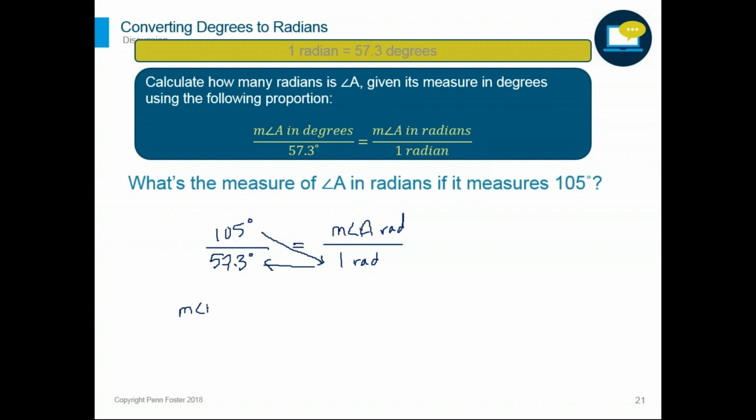So the measure of angle A in radians equals 105 times 1, which is 105, over 57.3. And it's simple calculations, 1.83 radians. So 105 degrees is equivalent to 1.83 radians. Any questions?